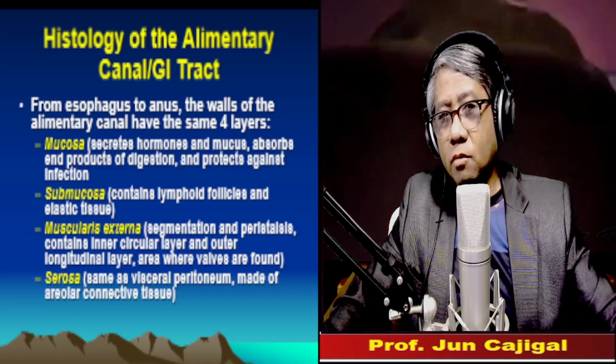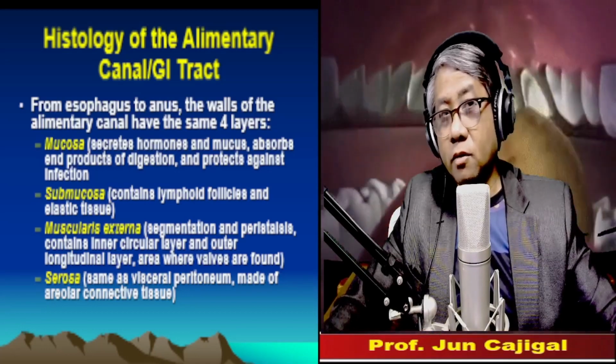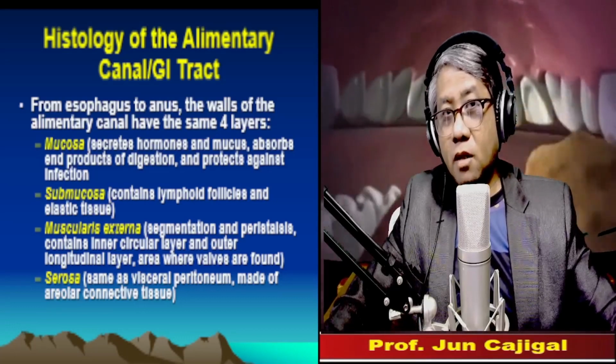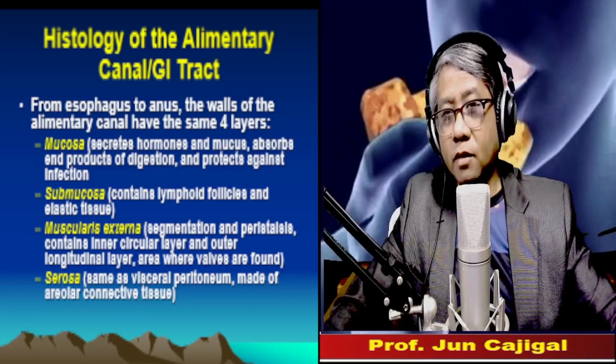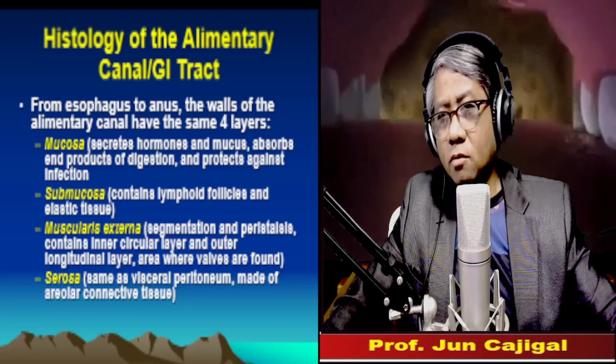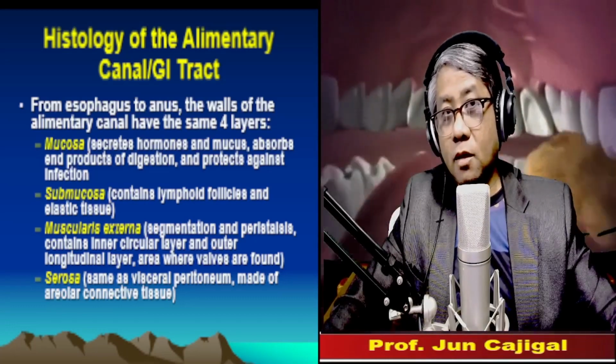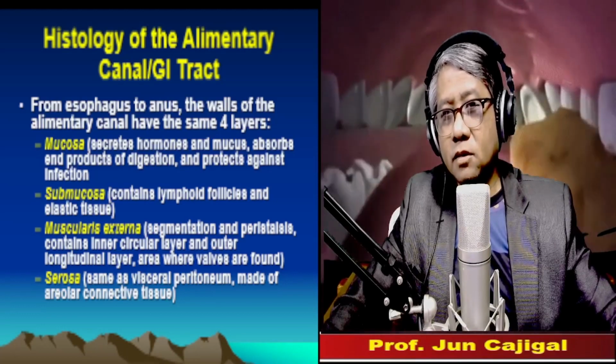Then we have the so-called muscularis externa or the muscle layer that is responsible for segmentation, and this muscle layer is responsible for peristalsis because this layer contains circular and outer longitudinal layers of muscles.